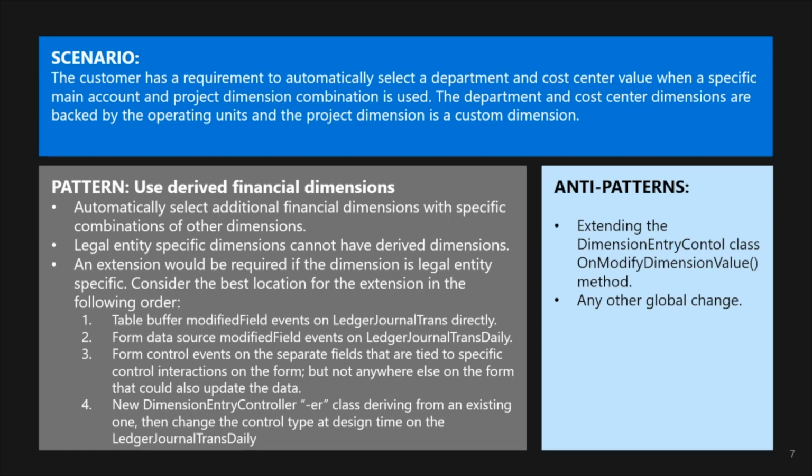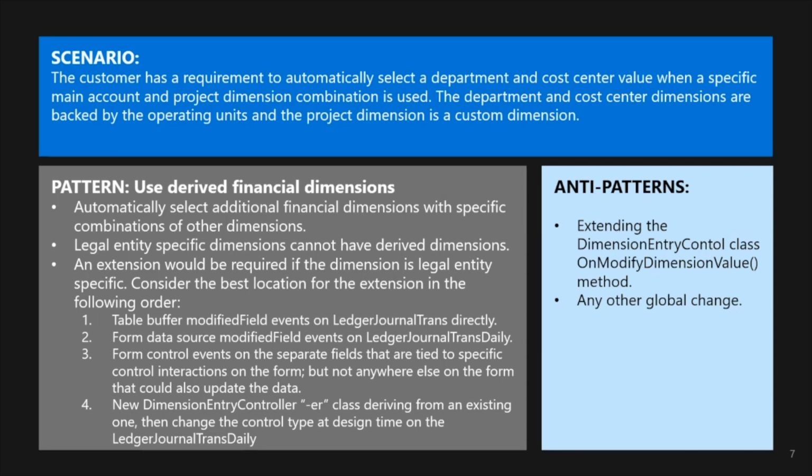I think the only approach here is to do an extension, and obviously there are a couple of different approaches you could use. If you don't want the warehouse itself to be the dimension, you'd have to add the dimension entry control to the warehouse form.